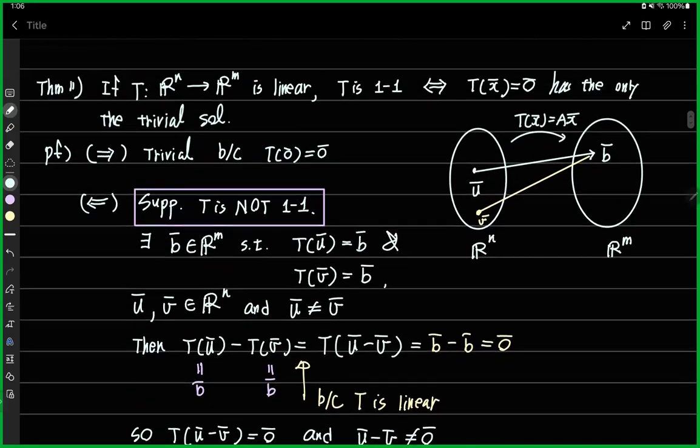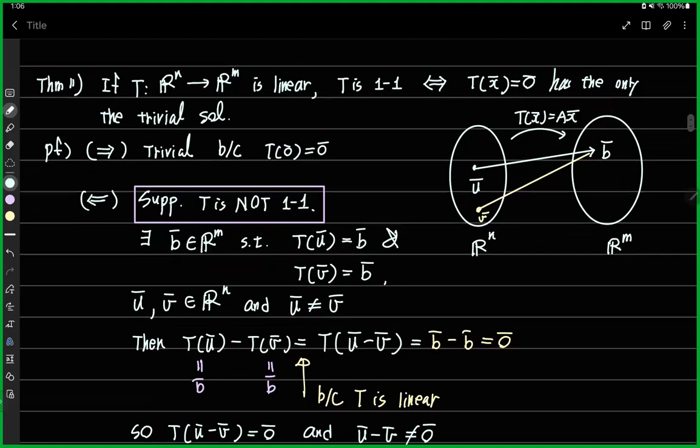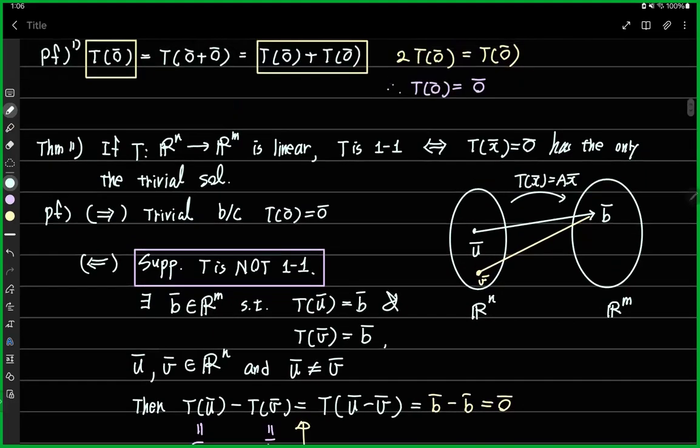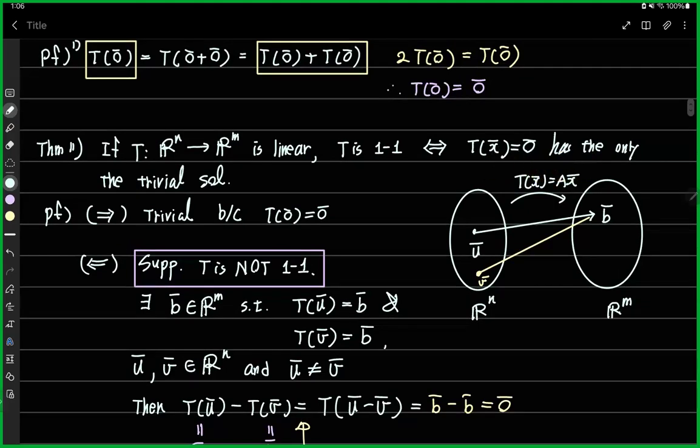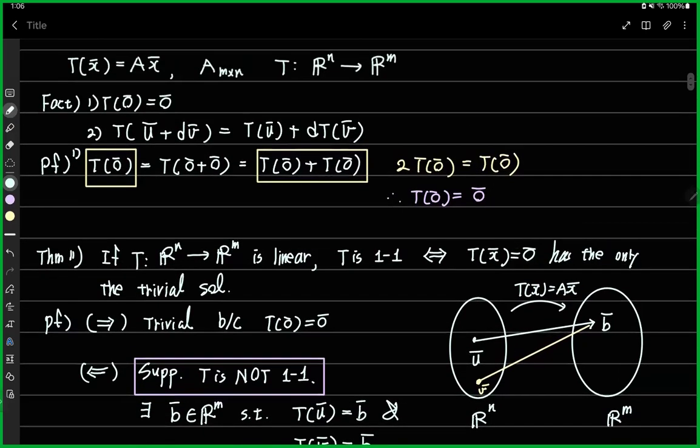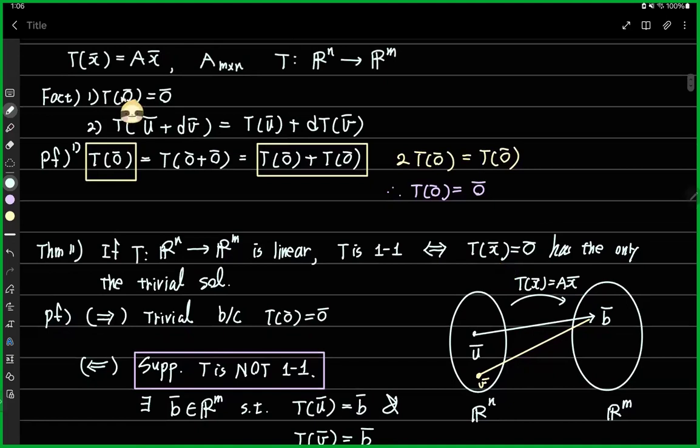If T is 1-to-1, then T of X equals 0 vector has only the trivial solution. So what does that mean? T of X bar equals 0 vector has only the trivial solution, which means that X bar must be 0 vector because of that fact. So if T is a linear transformation, T of 0 vector equals 0 vector. And then the theorem says that if T is linear and 1-to-1, then this equation has only the trivial solution, so X bar must be 0 vector.